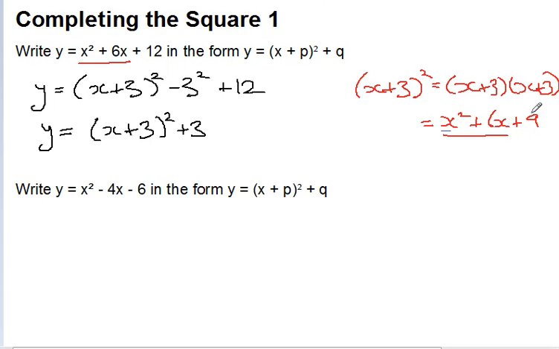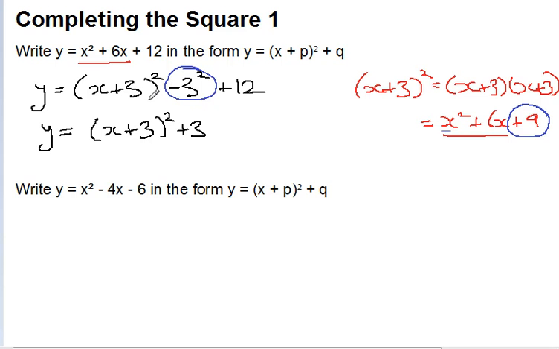Well, I had this plus 9 on the end, which I don't want. And I got the plus 9 by doing 3 times 3. So you have to take away 3 squared just to get this x squared plus 6x, which you want. Okay, so that's why I took away 3 squared. And then, of course, I had to add 12 at the end because I've got my plus 12 there.